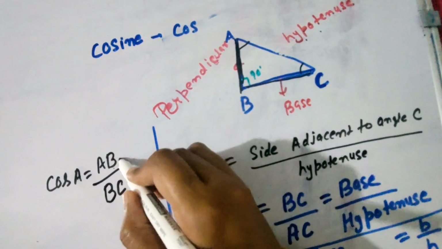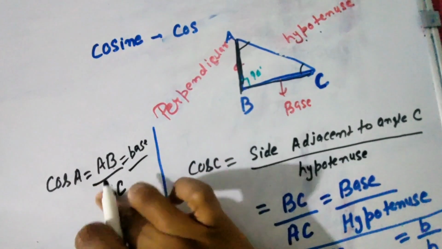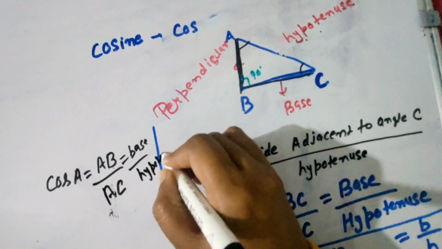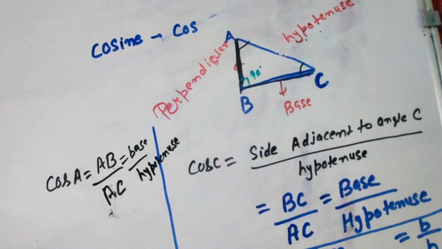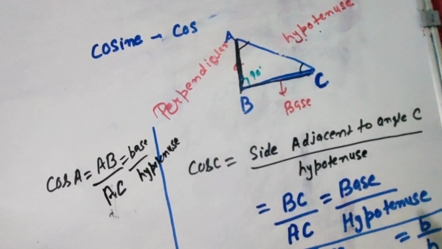Here AB is the base, BC is the perpendicular, and AC is the hypotenuse. Means cos formula is base by hypotenuse, depending upon the angle. Base means just the adjacent side of the angle. Whichever angle you find, the side just adjacent is the base, and just opposite to this angle is the perpendicular. Okay.